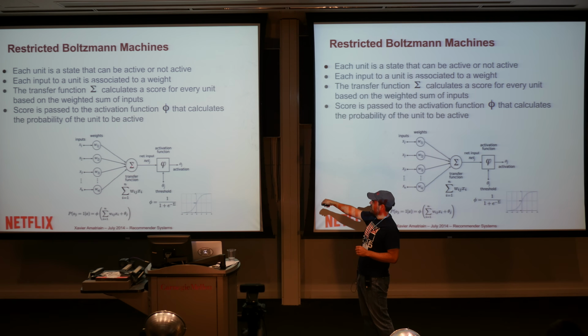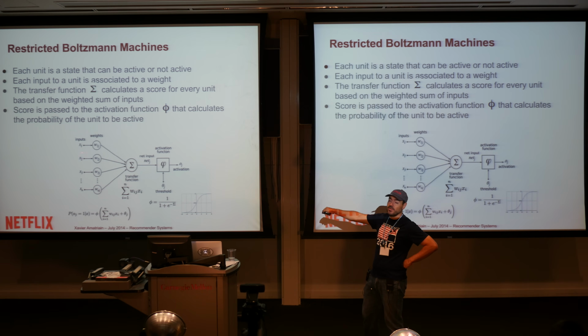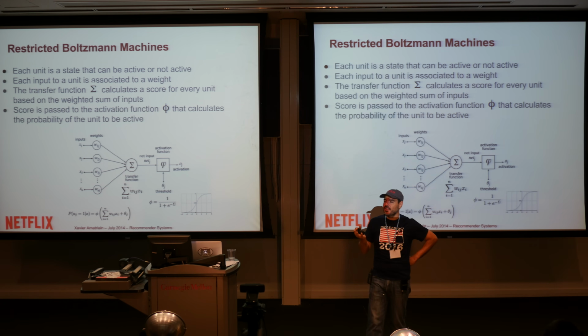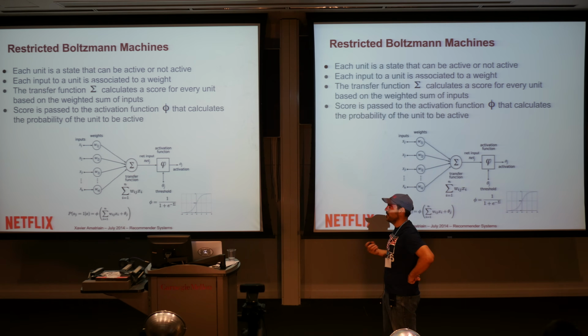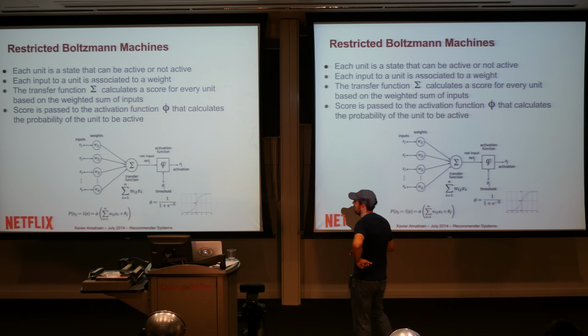There's a transfer function that is combining the weighted sum of each of the inputs, and that is fed into an activation function. And that function has a threshold which decides whether the cell is active or not. This is the basic definition or the architecture of a single RBM unit, right?